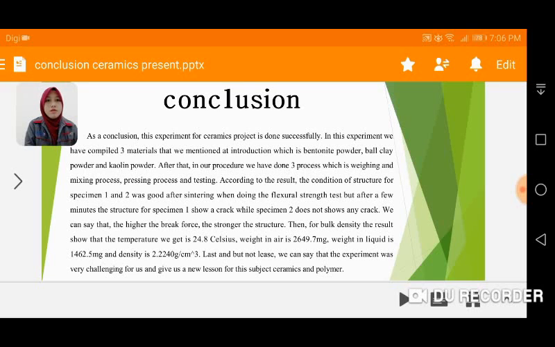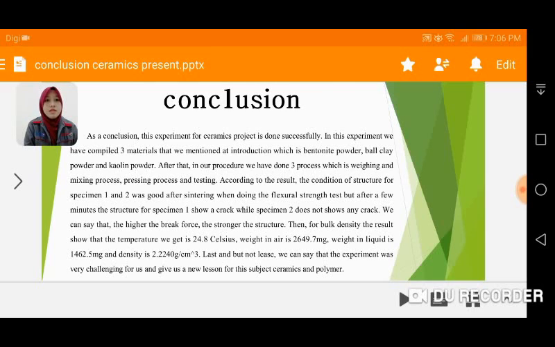According to the result, the condition of the structure for specimens 1 and 2 was good after sintering when doing the flexural strength test, but after a few minutes, the structure for specimen 1 shows a crack while specimen 2 does not show any crack. We can see that the higher the break force, the stronger the structure.